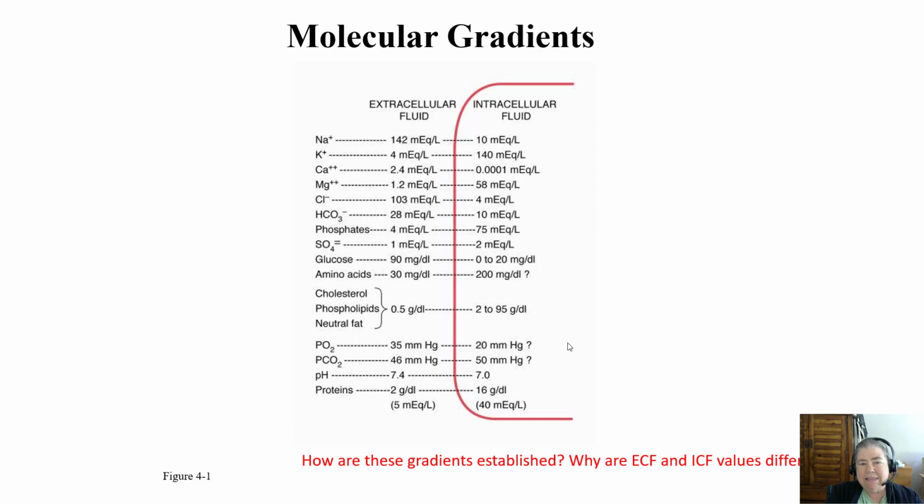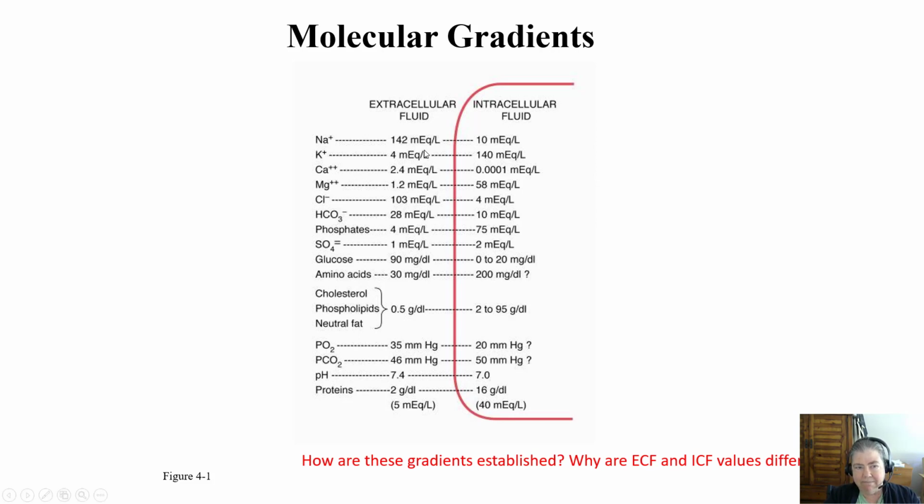This slide has some of those things on it, and I'm going to go through them and talk about them a little bit. But I want you to look here. The important thing about this slide is that the concentrations of these substances are in many cases very different in the extracellular fluid than in the intracellular fluid.